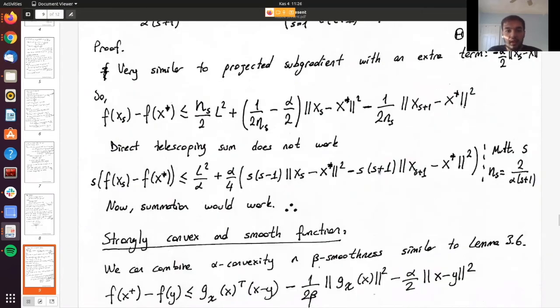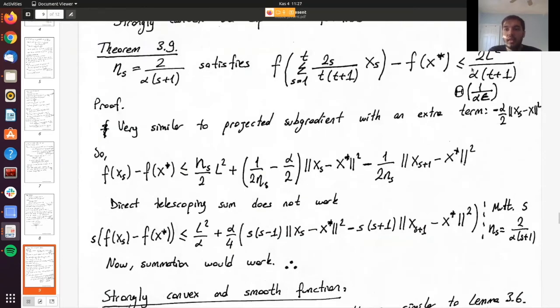Previously we had a telescoping sum, but we cannot do it because the constants in front of them are not the same. So after multiplying with s and after arrangement, we have a term, and now we do the summation and we can find this bound. As you can see, the suboptimality scales with 1 over alpha epsilon.